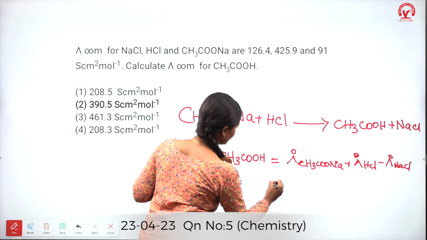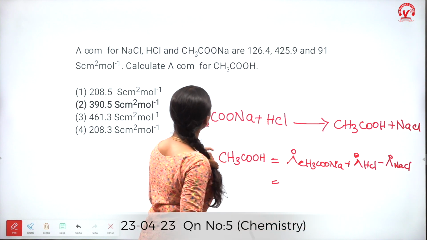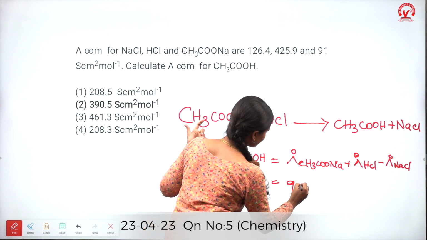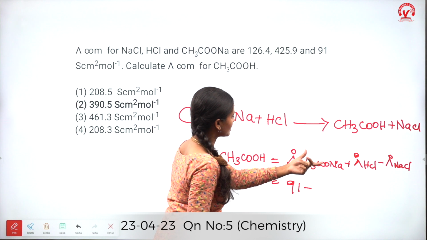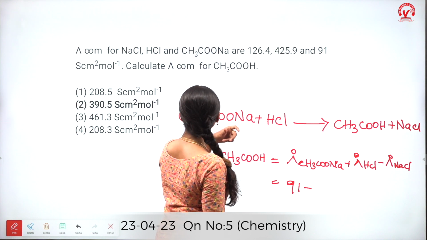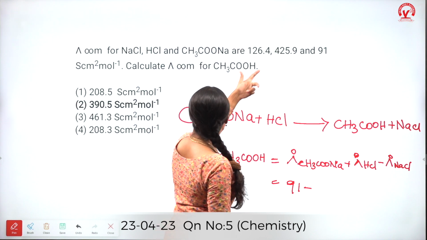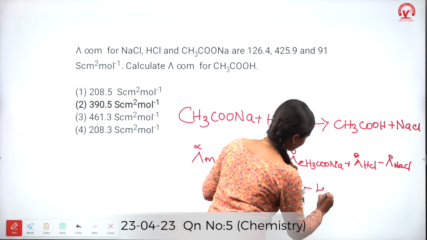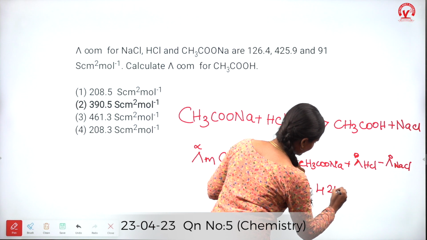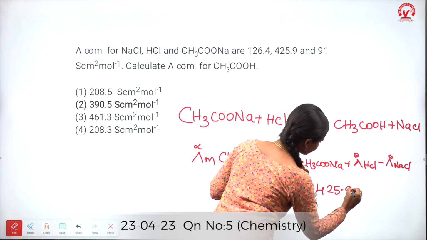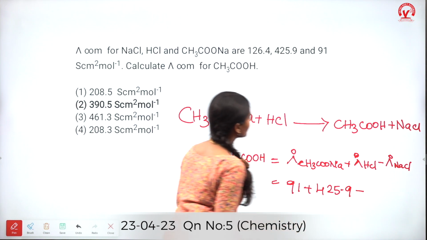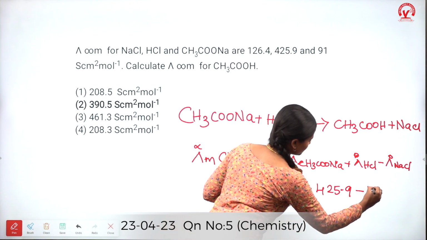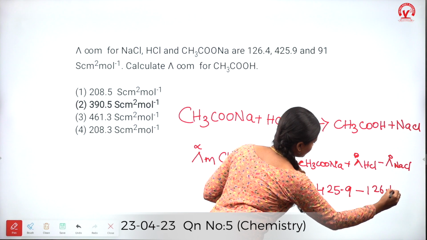The values are: the molar conductivity of sodium acetate is 91, plus that of HCl is 425.9, minus that of sodium chloride, 126.4.